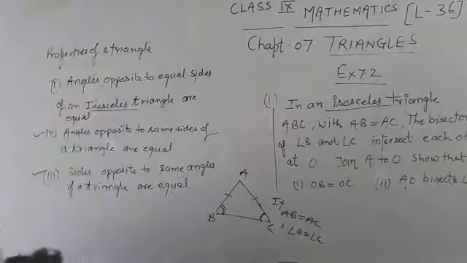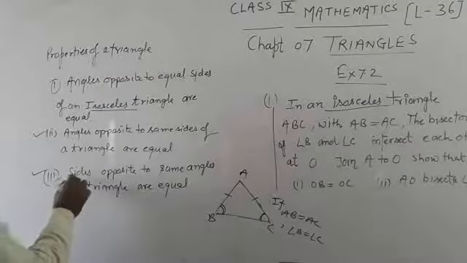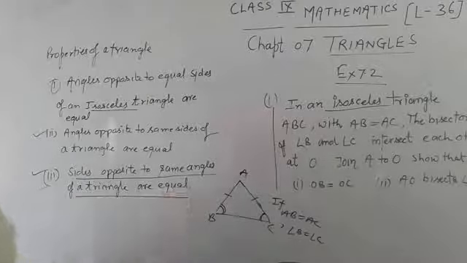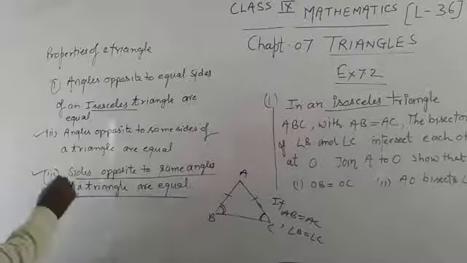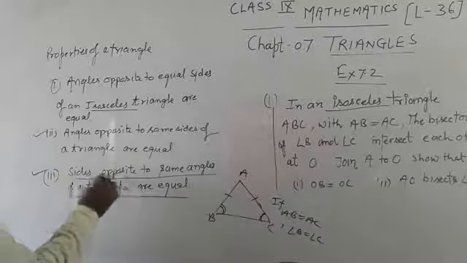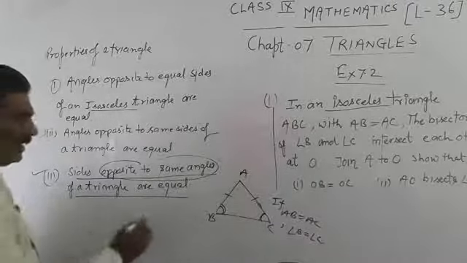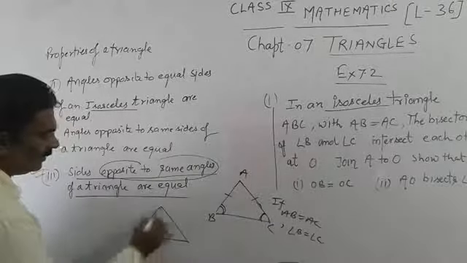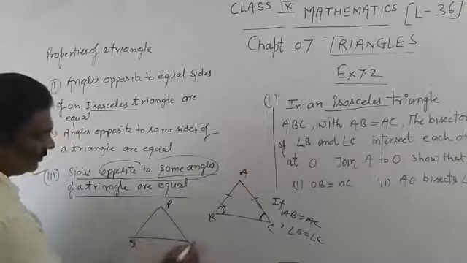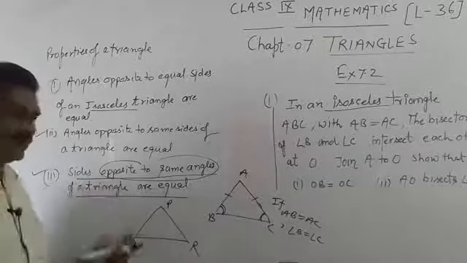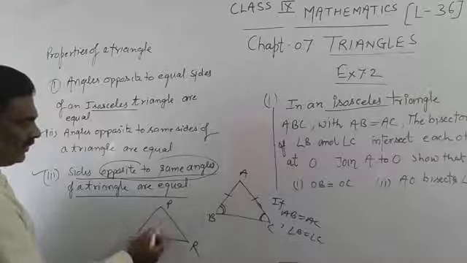Similarly, if sides opposite to equal angles of a triangle are equal. It is mentioned that sides opposite to equal angles, it means if we have a triangle like PQR, suppose we are given equal angles.